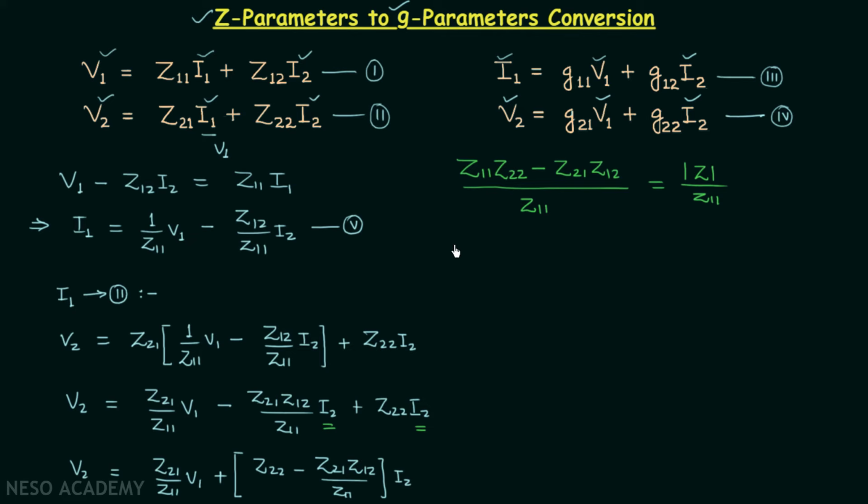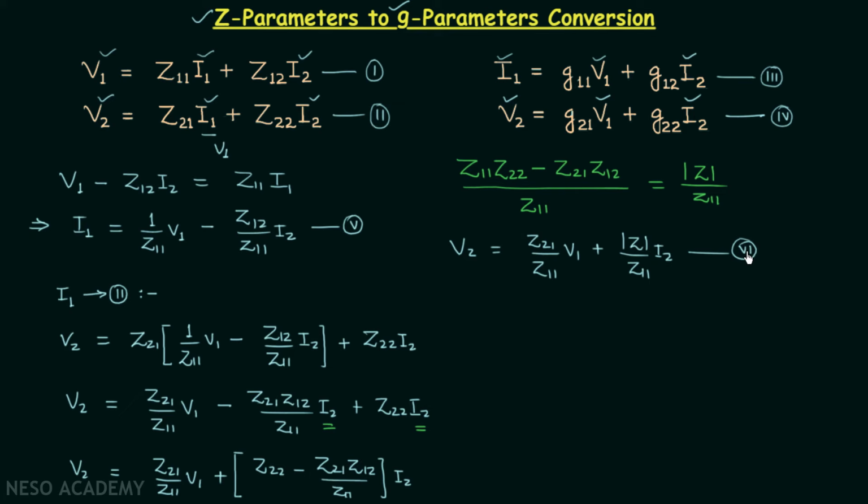So finally we can say that voltage V2 is equal to Z21 divided by Z11 multiplied by V1 plus the determinant of the impedance matrix divided by Z11 times current I2. Let's say this is our sixth equation.